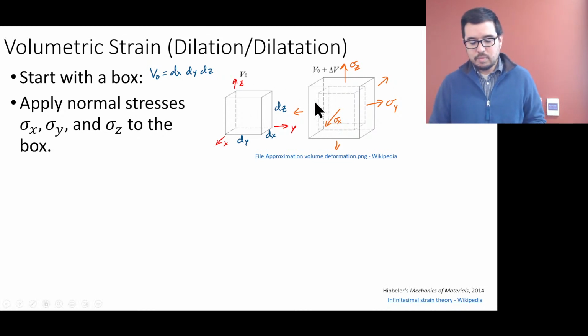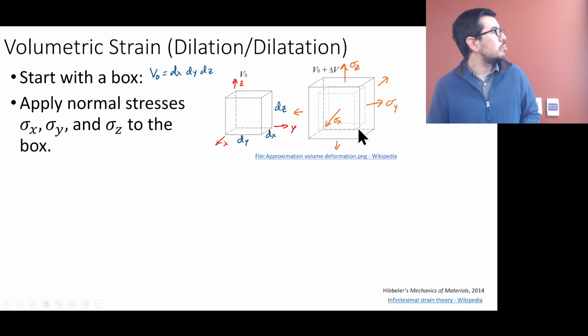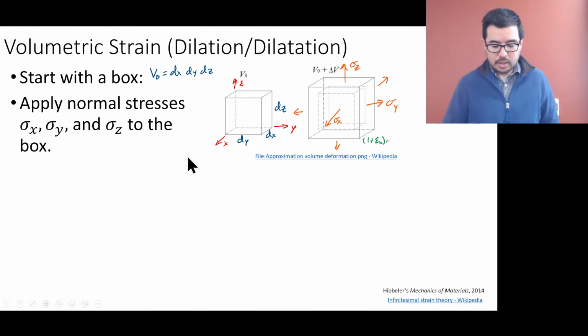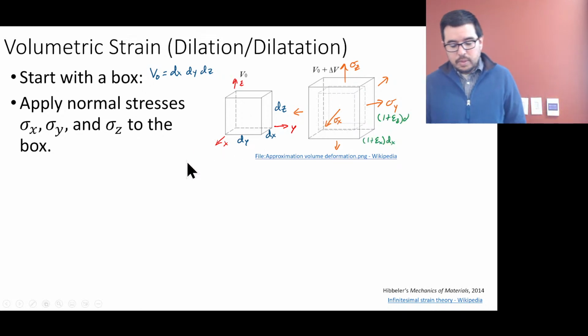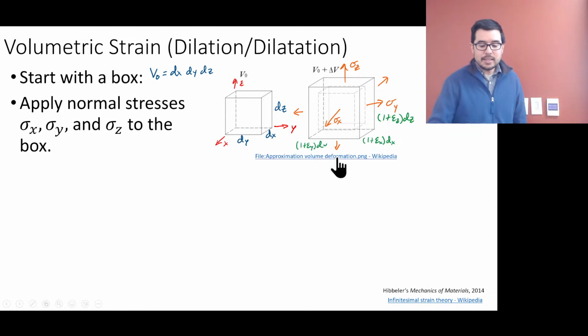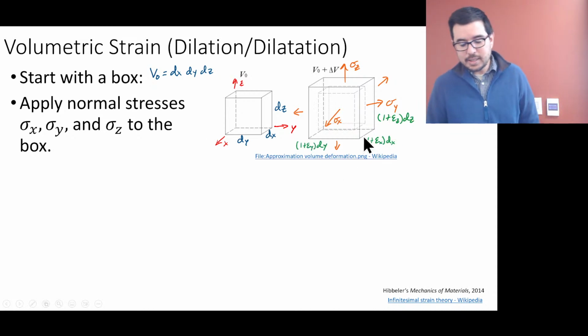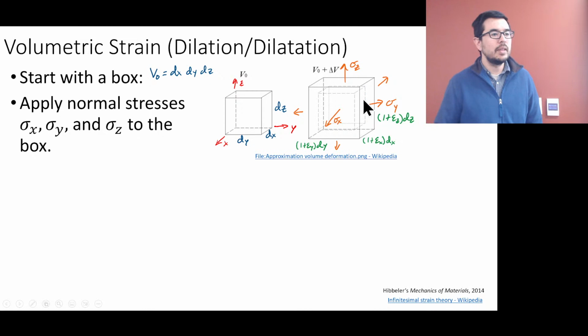With these applied axial or normal stresses, the box that was originally dashed inside has now become larger in volume. Now, what are the changes in lengths of the sides of the box?